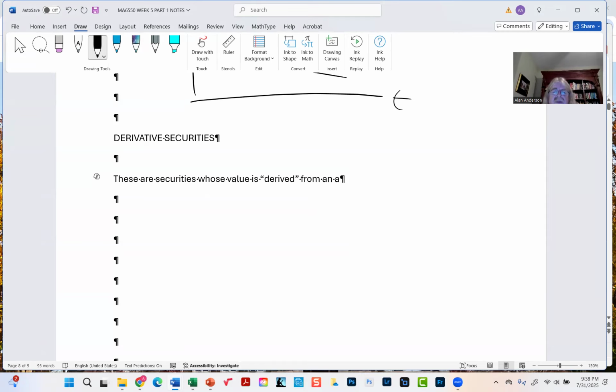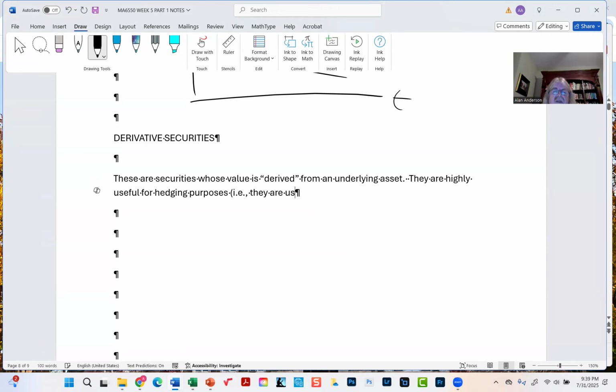So that's where the name comes from. They are highly useful for hedging purposes, which means, of course, they're used to reduce the risk of holding financial assets. But they can also be used for speculation, which of course means gambling.